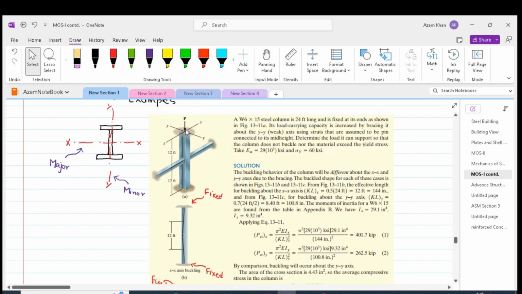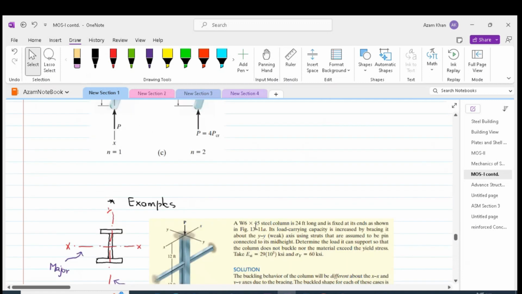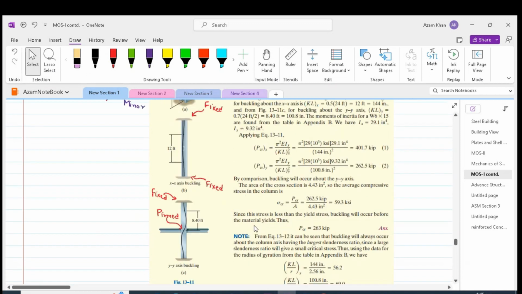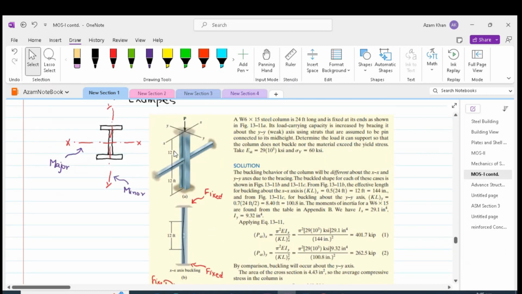Remembering that we are considering only the half sine wave, so the half sine wave will be in the depth of 12 feet. So K times L for one end fixed and the other hinged is 0.7L, and that can be easily taken. 0.7 times 12 will give us 8.4 feet, and that is converted into inches.